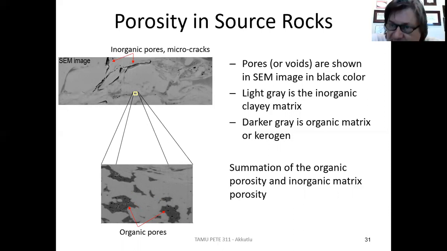Source rocks have organic matter, and you can see this in the upper image, like the shaded areas, the dirtiness maybe, if that's the right word. This is an organic rich region, but it's hard to see their pores unless you have a strong scanning electron microscopy. So now we go to sub-micron scale.